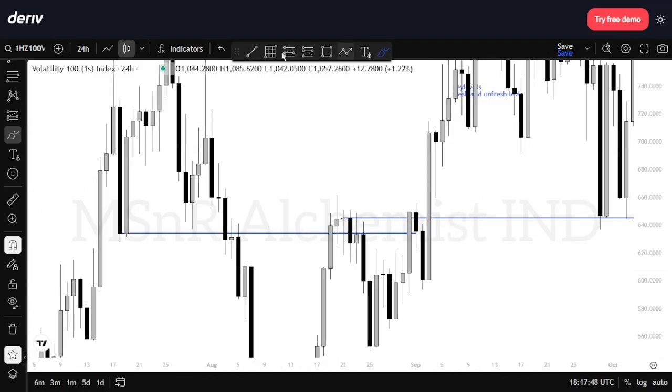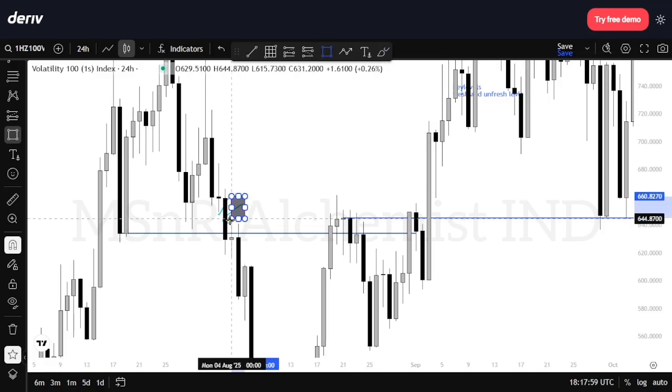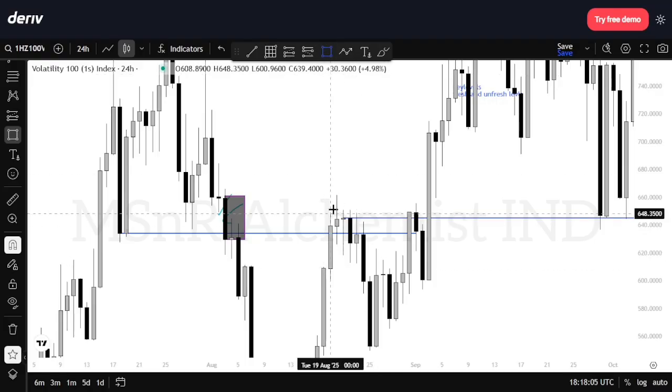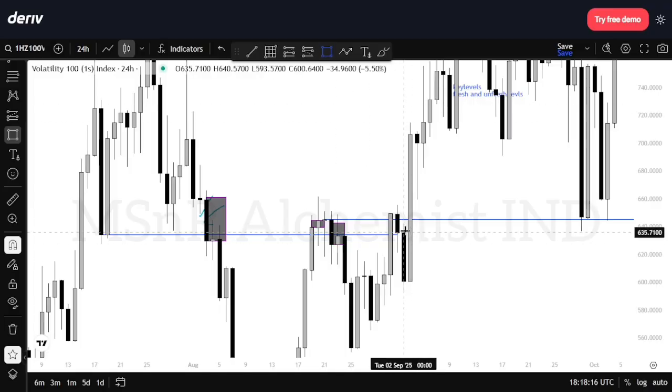So how many times in the daily time frame can we use it? Four times, right? Let me draw it. So here is the first time, then a break, this is the second time, then again a break, this is the third time, and this is the last time we can use this level.